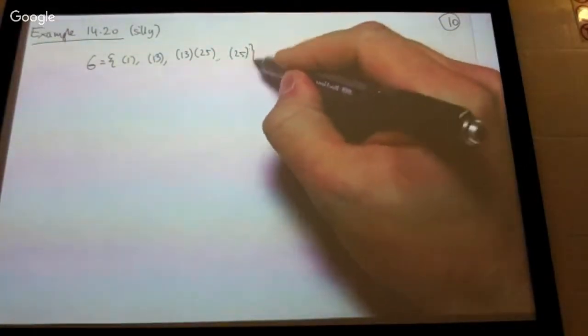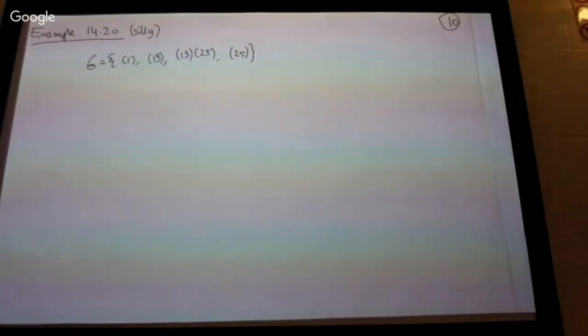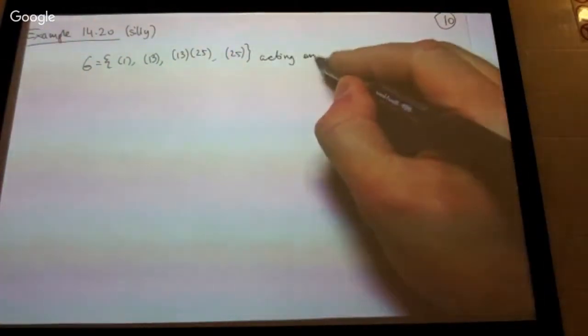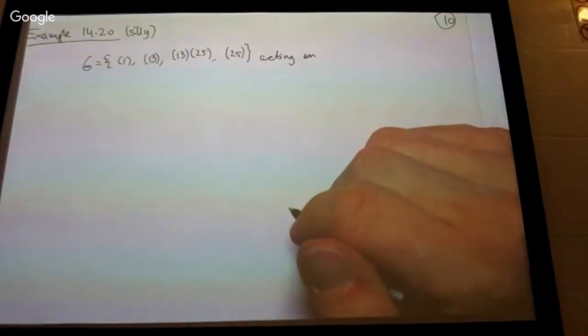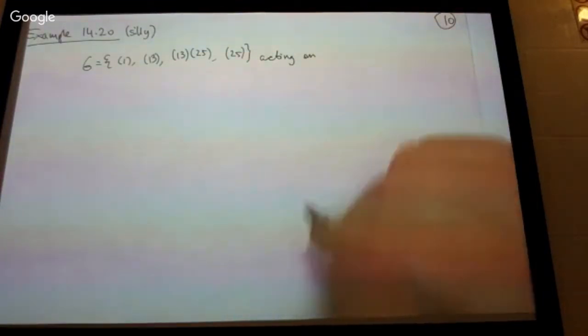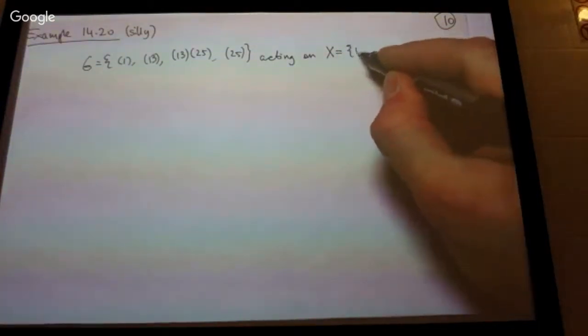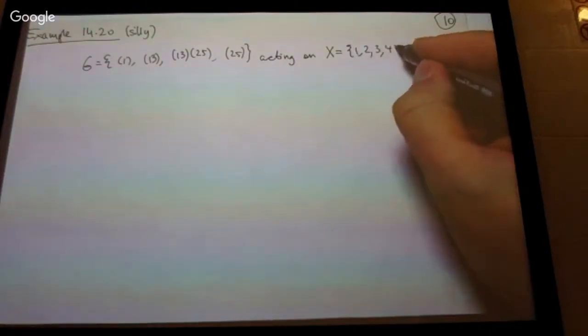That's a subgroup. Have you seriously put the word silly? Yeah. Oh wow. Actually, it is a silly example. I'm going to write this down. Example silly.